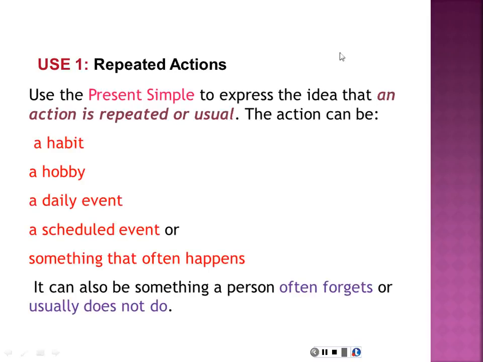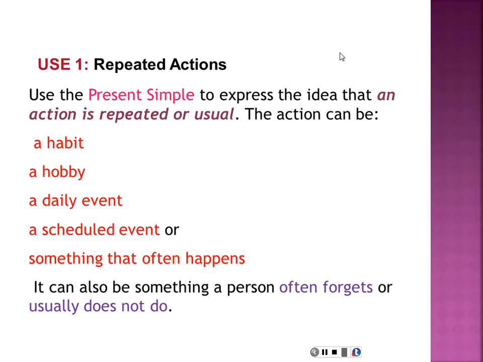So, the first one, repeated actions. We will start with this one, repeated actions. So, use the simple present to express the idea that an action is repeated or usual. نستخدم الزمن الحاضر البسيط لنعبر عن شيء أو عن فكرة أو عن عمل متكرر أو شيء يحدث بشكل اعتيادي، بشكل غالب، بشكل يشكل عادة.